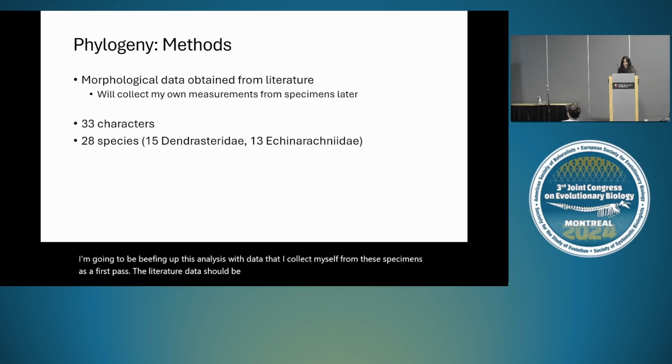And I used 33 characters, taken from a variety of species descriptions and monographs, et cetera. And I incorporated 28 species, so that's most of the Dendraster species, but I excluded some of the less thoroughly described ones, and I still kind of think that that's too many species and they're not all real. And I incorporated most of the Echinarachnid genera with 2 representatives or so each for comparison purposes.